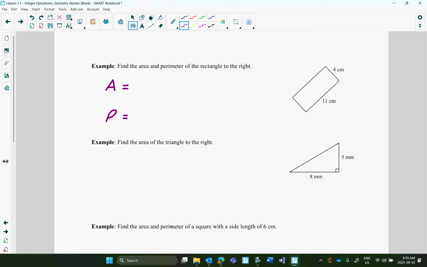Length times height. 4 times 11. Okay, sounds good. Or 11 times 4, doesn't matter which way. Depends on how the rectangle's sitting. So what's our final answer, remembering proper units? 44 centimeters squared. Right.